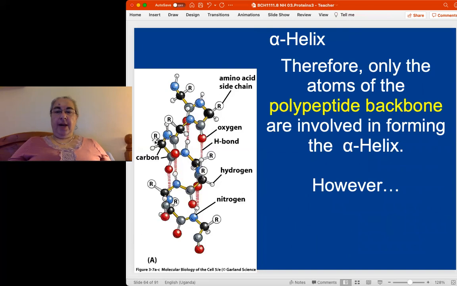So only the atoms of the polypeptide backbone are involved in forming the alpha helix.